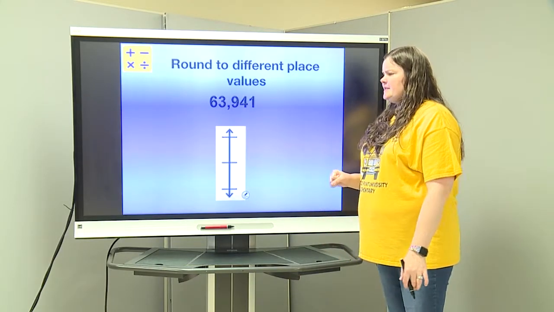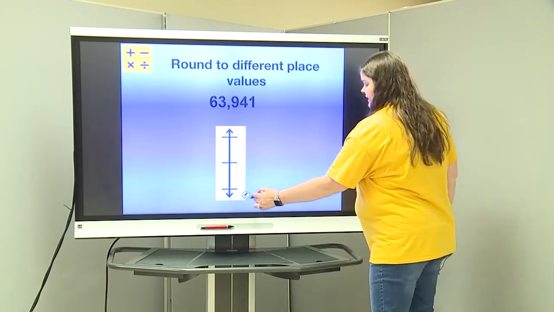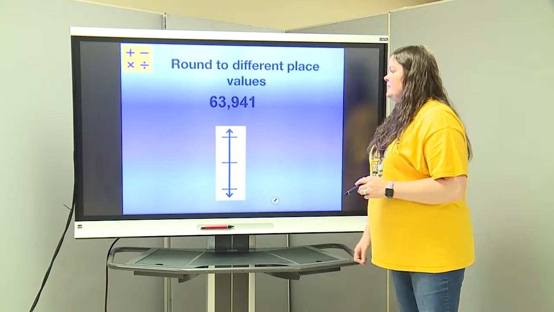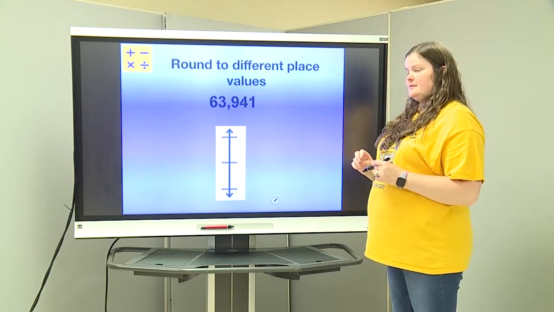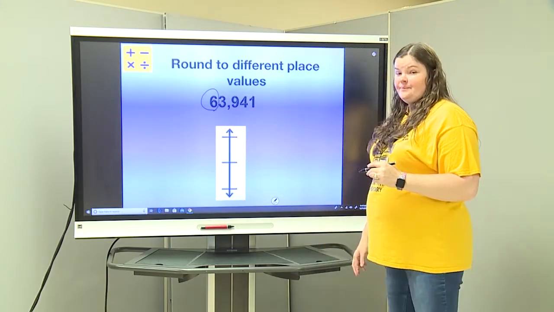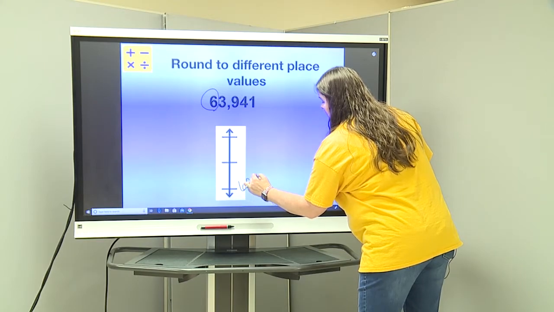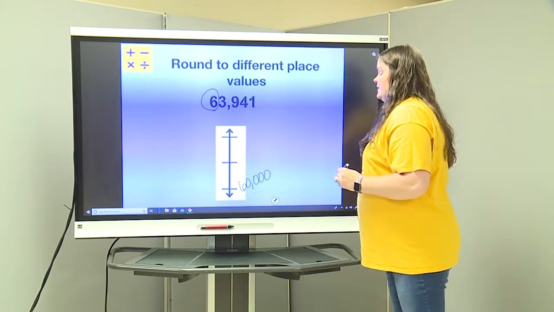All right, so let's look at this one, 63,941. They want us to round this one to the nearest 10,000s. So let's look at that number. What's in the 10,000s place? That's right, the 6. So my bottom end point, if I'm going by the 10,000s, would be 60,000.